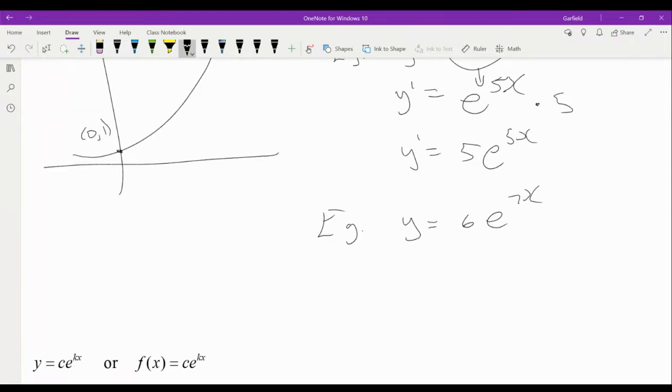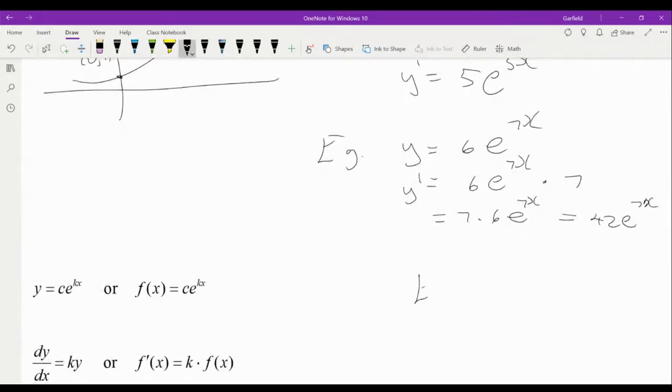Just for everyone else. Bring the 7 down before the e, multiply with 6, and keep the exponential part. So it's always the same thing: e to the 7x times the derivative of the exponent, 7, or 7 times 6 e to the 7x, which gives 42 e to the 7x.